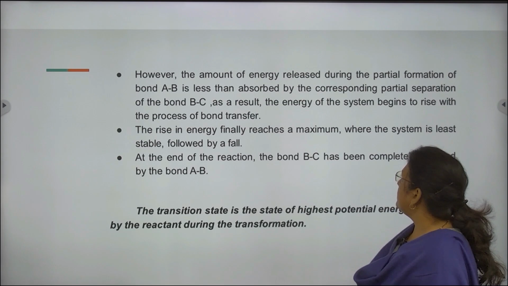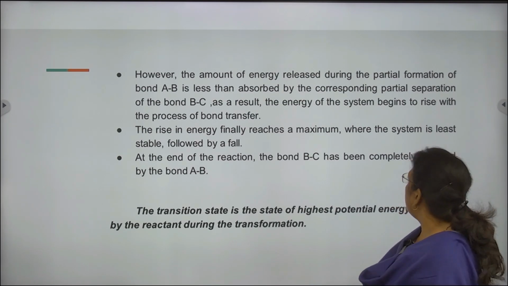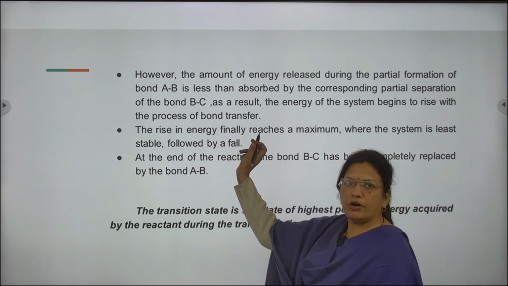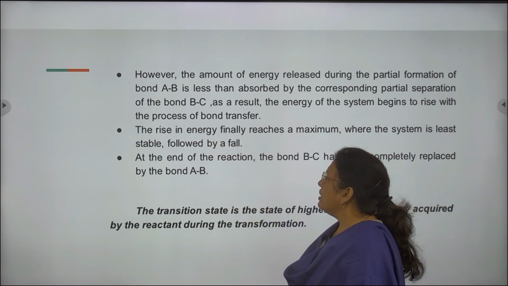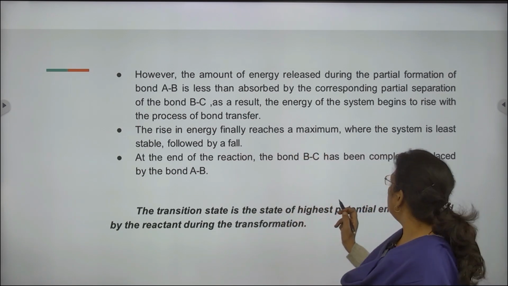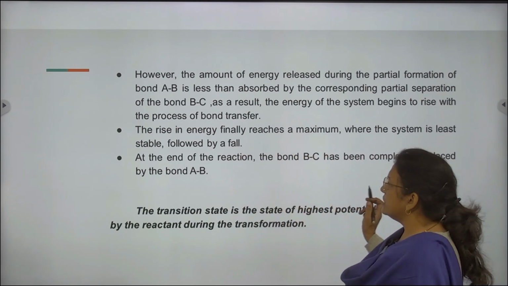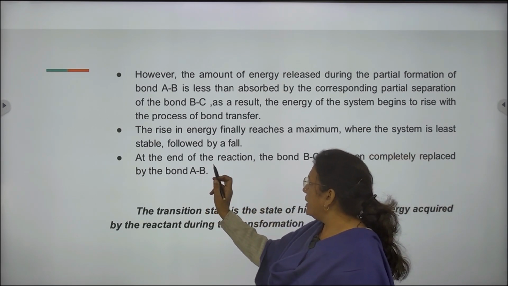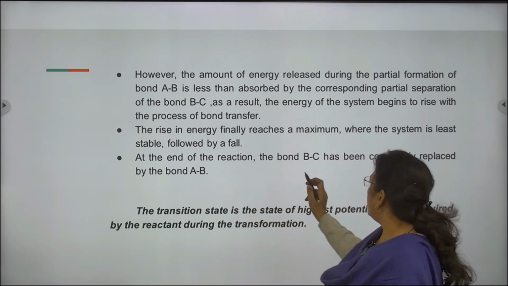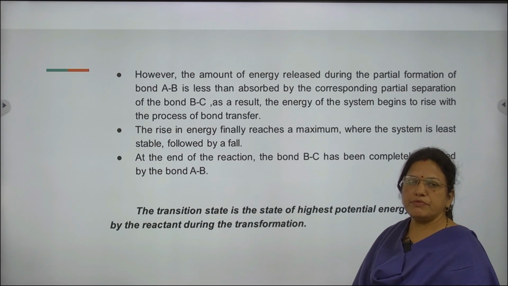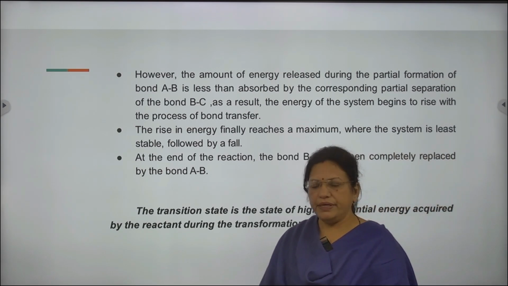As a result, the energy of the system begins to rise with the process of bond transfer. The rise in energy finally reaches a maximum where the system is least stable, followed by a fall. At the end of the reaction, the bond BC has been completely replaced by the bond AB.